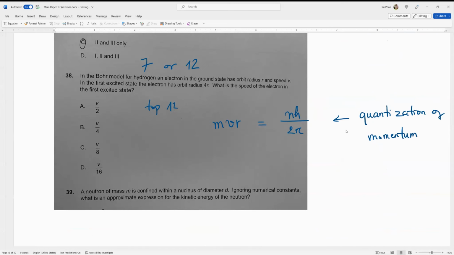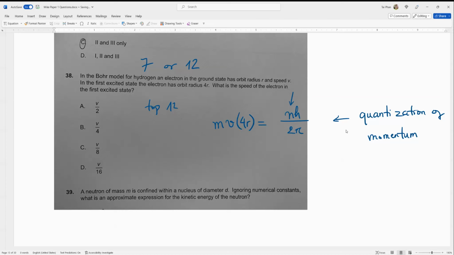Anyway, using this one, when the electron is in the ground state, n is 1. And then the second state, the first excited state, the radius is 4 times, replacing r here by 4r.